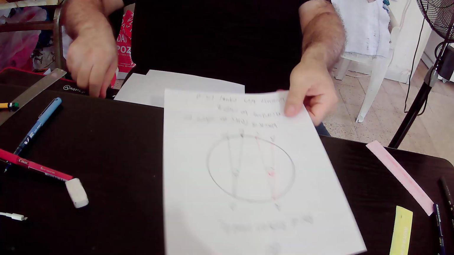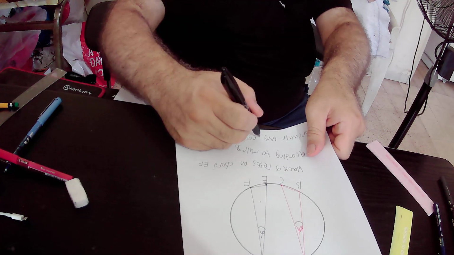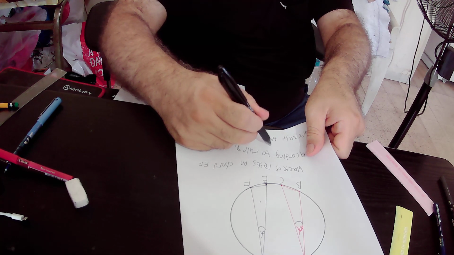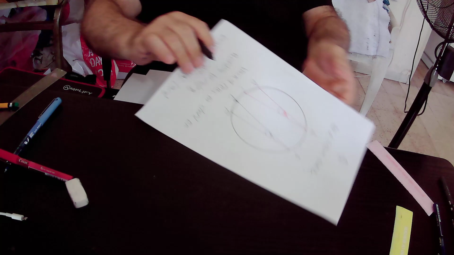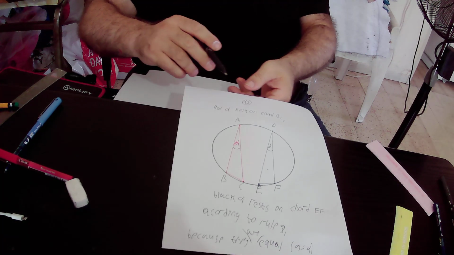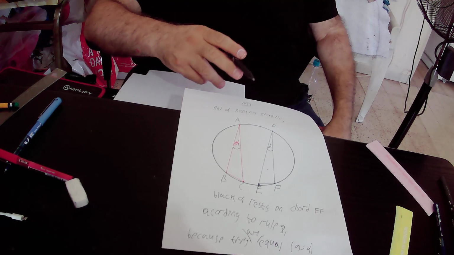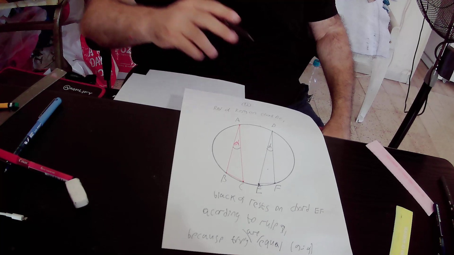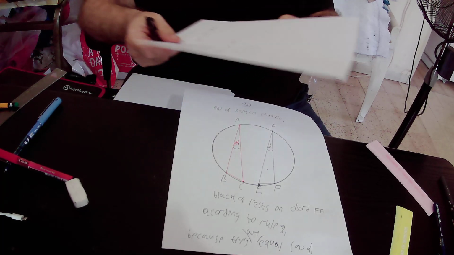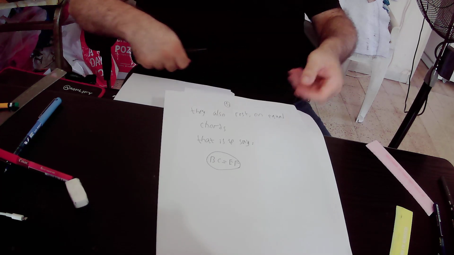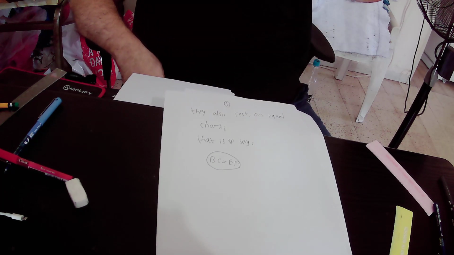according to rule number 3, because those two angles are equal to each other, that is to say, angle alpha in the red color equals angle alpha in the blue color, they also rest on equal chords.